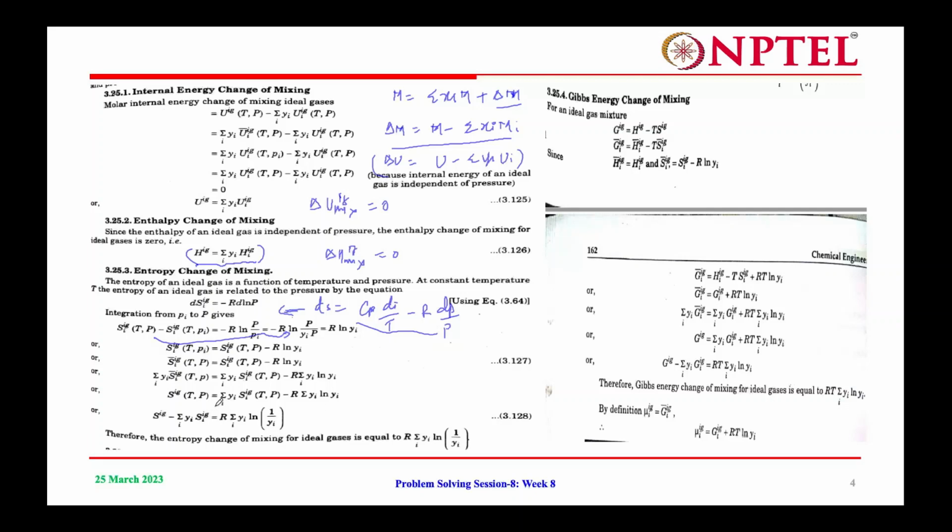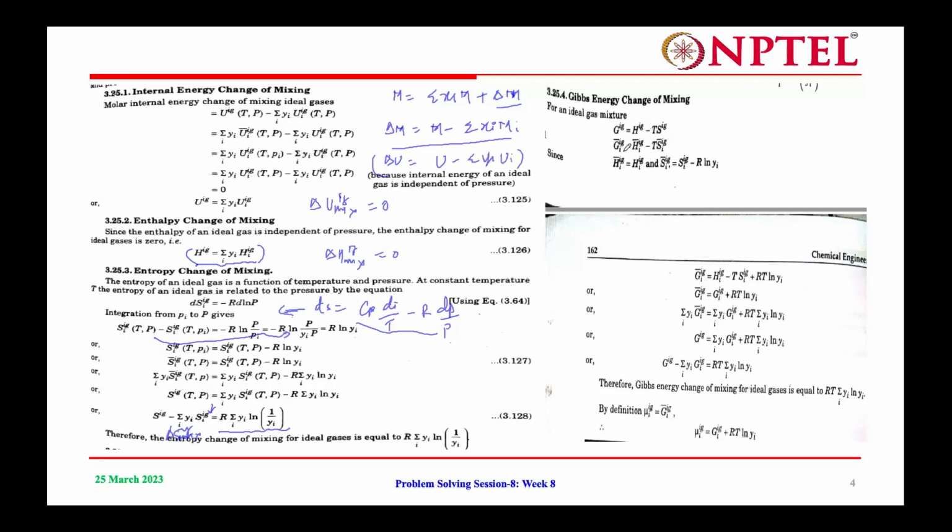You will get this. This is the delta S mix ig, the entropy change of mixing.